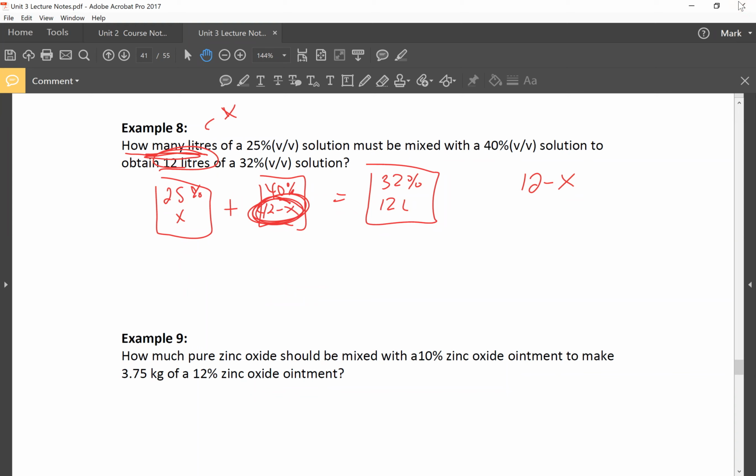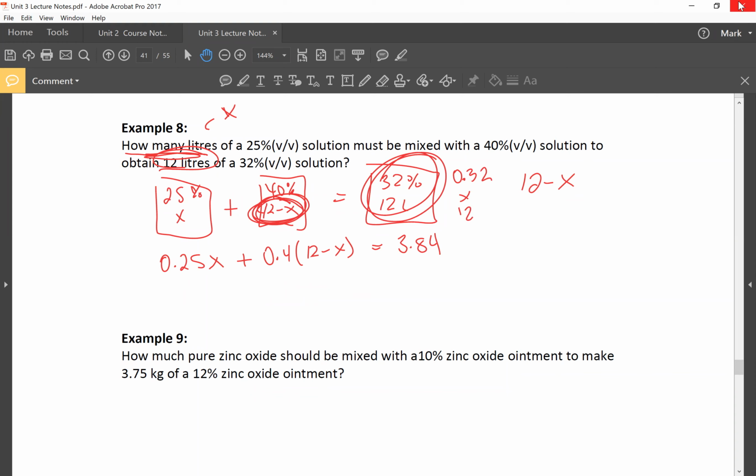So this is going to be 0.25x plus 0.4 times 12 minus X equals 3.84. Now, if you're wondering where the 3.84 came from, it's just 0.32 times 12.